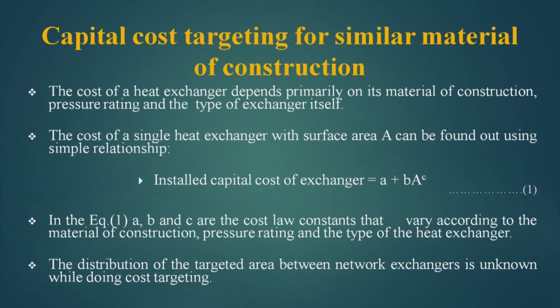The distribution of the target area between network exchangers is unknown while doing the cost targeting. What it tells us is that if we are designing a HEN and, say, 10 heat exchangers are there in the HEN, it is difficult to say that all the 10 heat exchangers will have equal area.